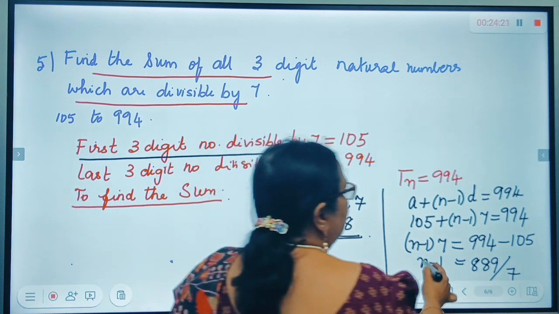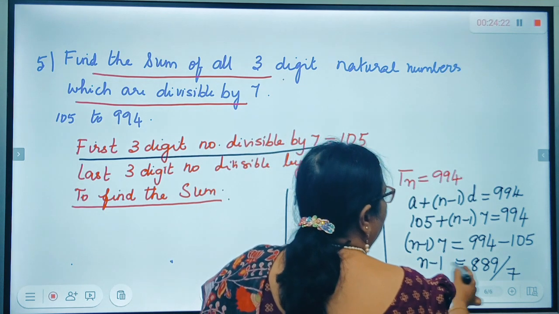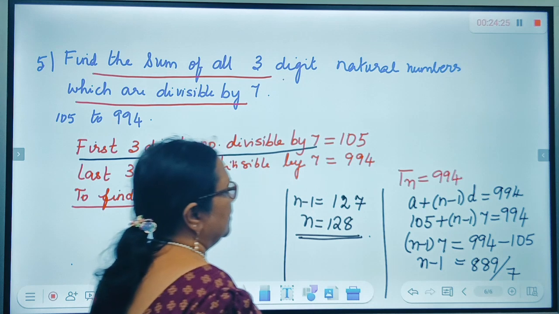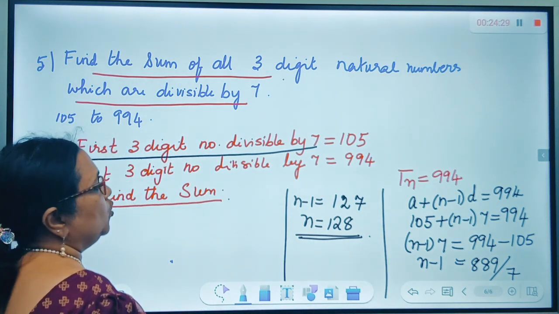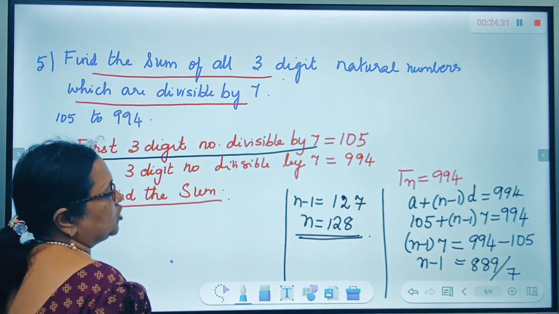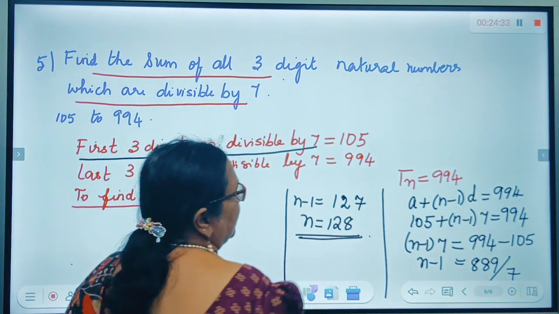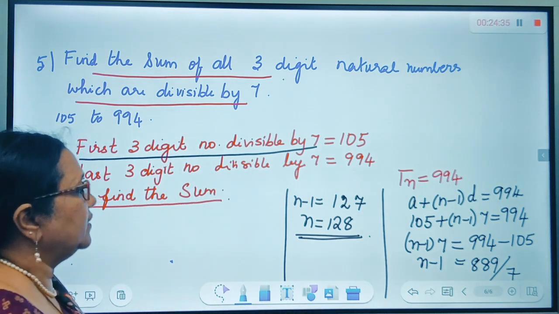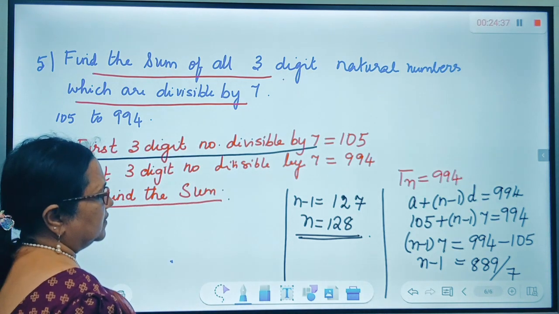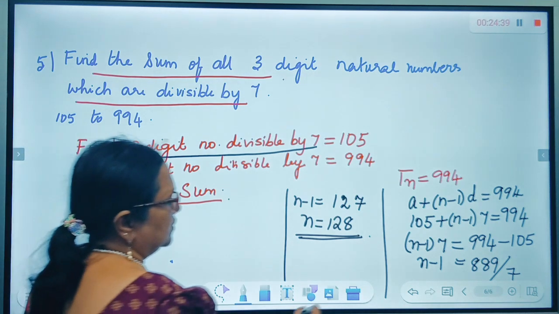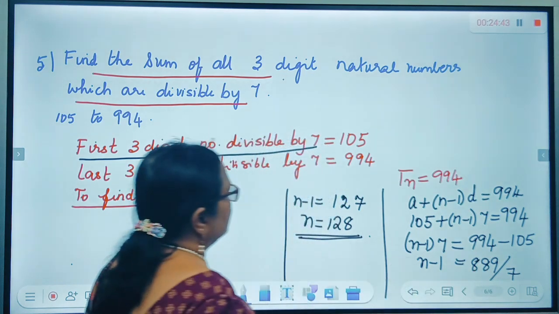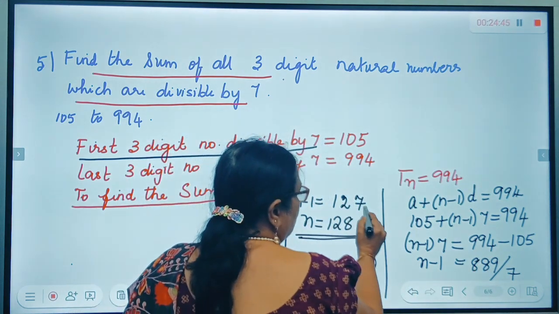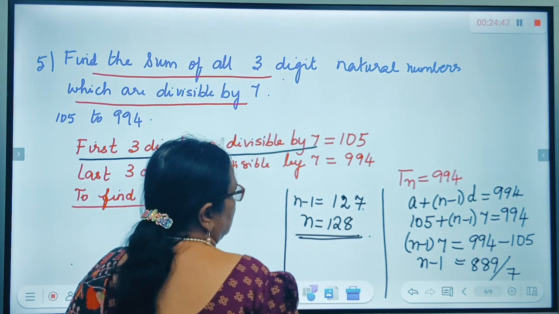So n minus 1 will be 889 by 7, which is 127. 127 into 7 is 889. So n minus 1 is 127, n is 128.